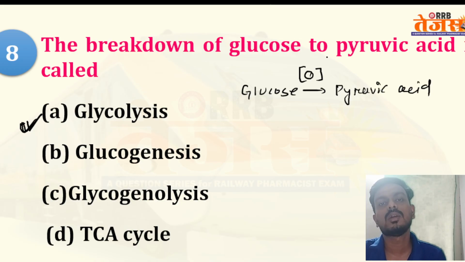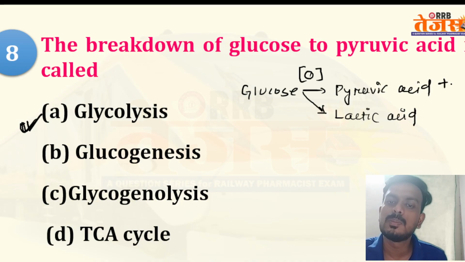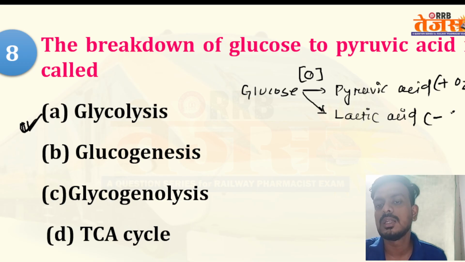Glycolysis is a process by which glucose is converted to pyruvic acid or another compound, lactic acid. This depends upon oxygen. If oxygen is present, pyruvic acid is formed. If oxygen is absent, lactic acid is formed.